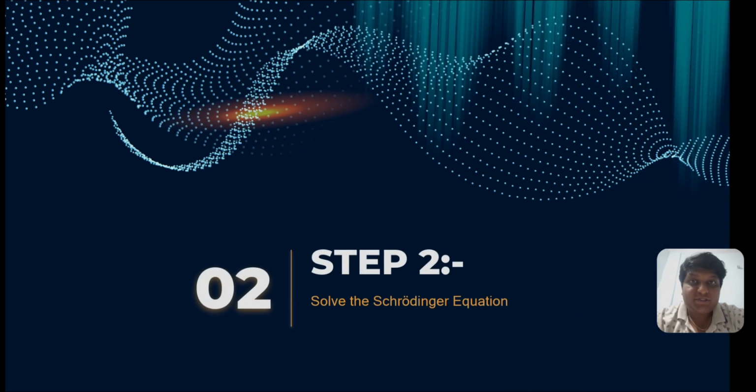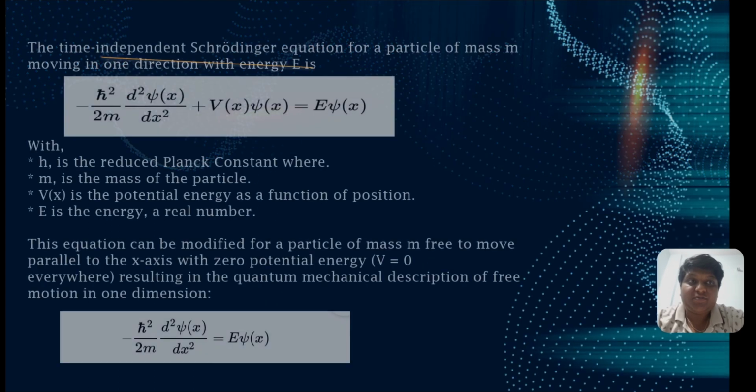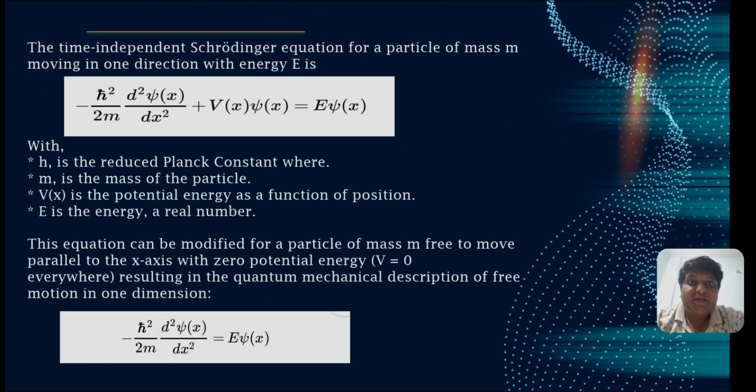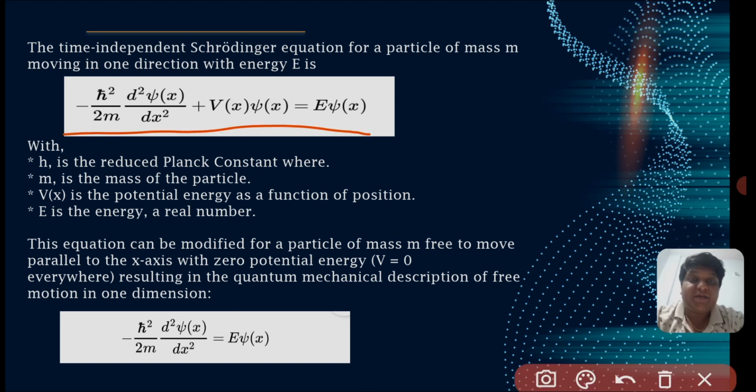Step 2, solving the Schrodinger's equation. The time-independent Schrodinger equation for a particle of mass m moving in one direction with energy E is minus h square by 2m d square xi by dx square plus V of x into xi of x is equal to E xi of x.